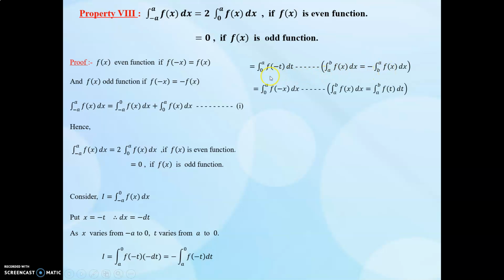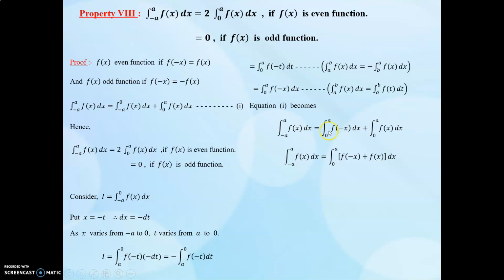Next, you can change this variable from t to x, so integral 0 to a f of minus x dx, by using the property integral a to b f of x dx is equal to integral a to b f of t dt. So from equation number 1, integral minus a to a f of x dx can be written as integral 0 to a f of minus x dx plus integral 0 to a f of x dx.